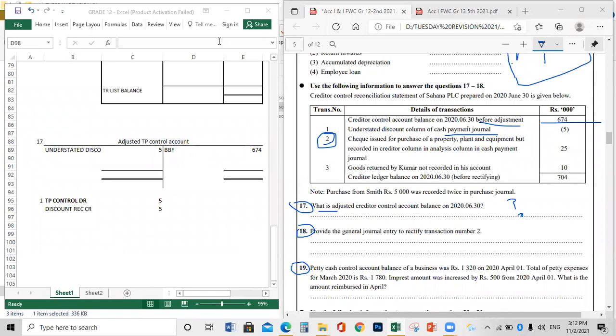Is there any mistake in the cash control account? Yes, that's correct, guys, because it is anyway deducted. Even if it's a PPE, even if you pay to the creditor control, both you will credit your cash. So there is no impact there.